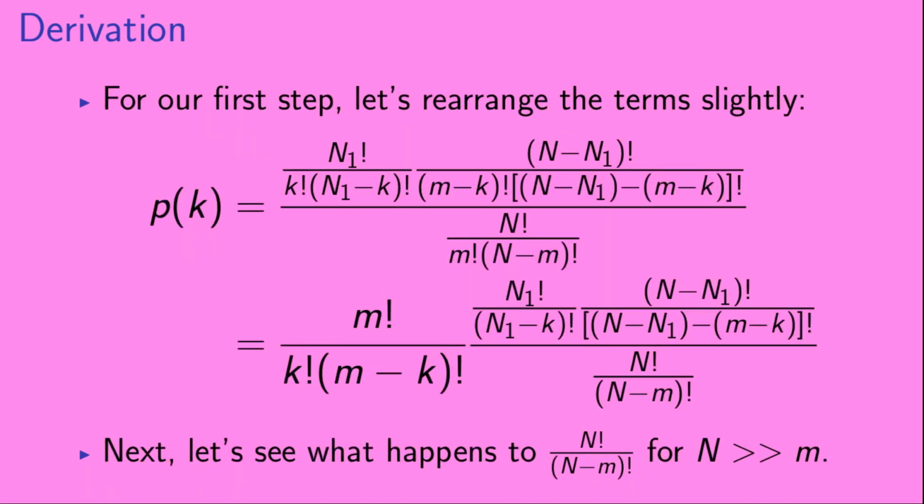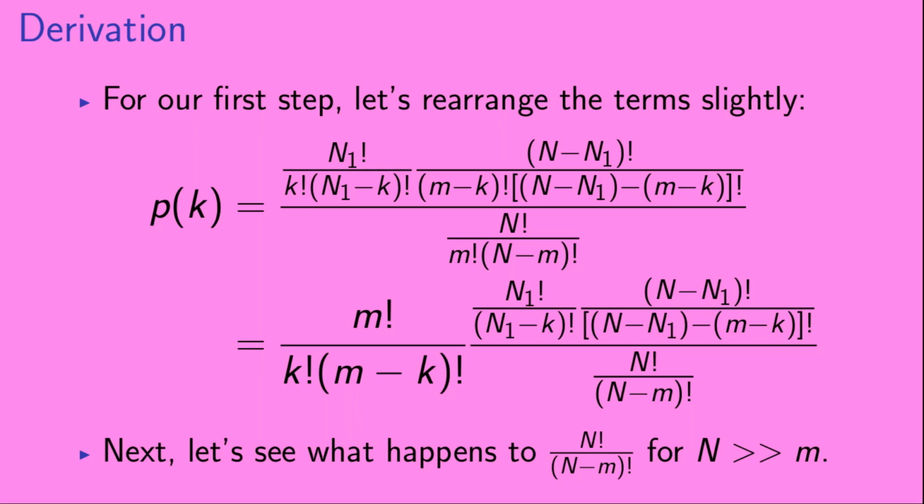For our first step, let's rearrange the terms slightly. In our formula for P of k, we have a factor of k factorial in the first term in the numerator, a factor of m minus k factorial in the second term in the numerator, and a factor of m factorial in the denominator.